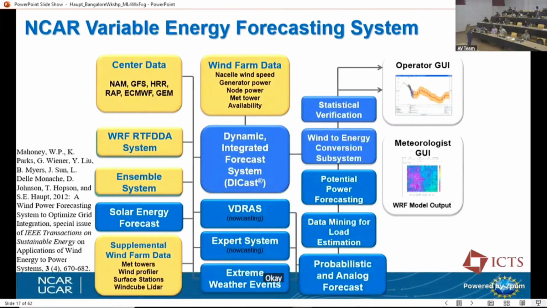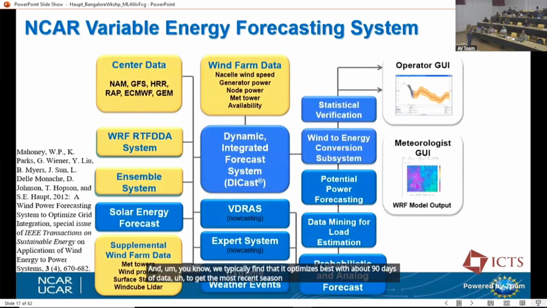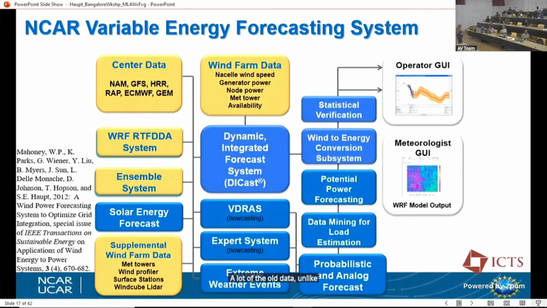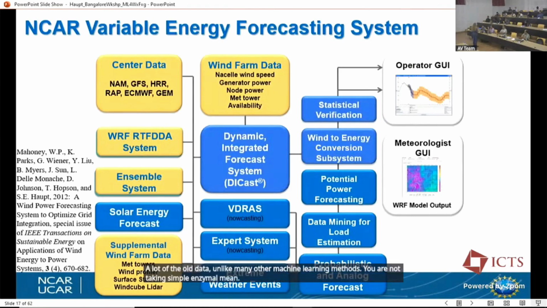Okay. And one of the things about DICast is you can optimize it with as little as 30 days of data. And we typically find that it optimizes best with about 90 days of data to get the most recent seasonality of it. But we drop off a lot of the old data, unlike many other machine learning methods. Just explain what kind of optimization you are doing? You are not taking a simple ensemble mean, you are doing some optimization.